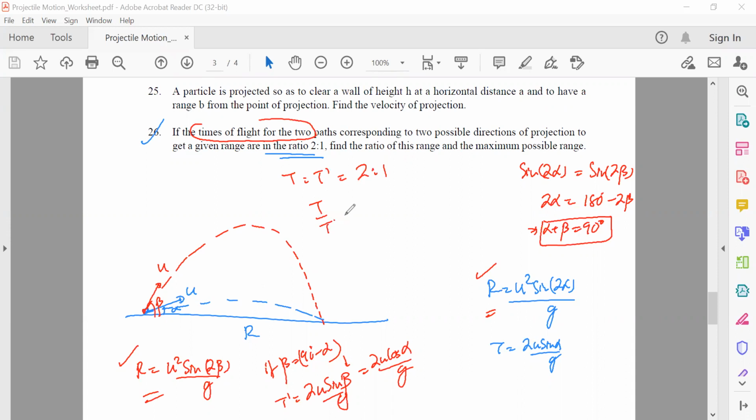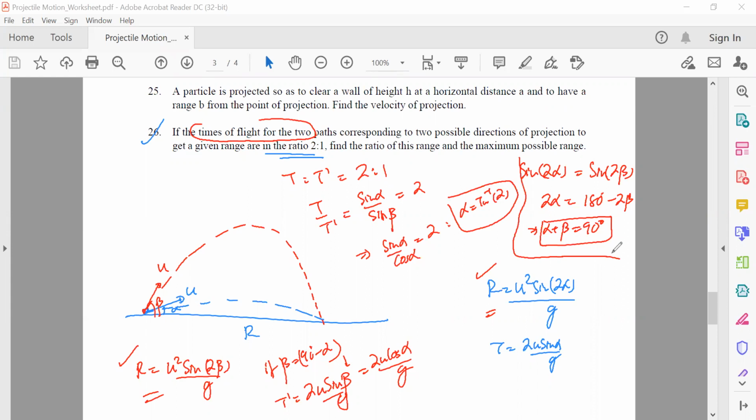So t by t prime from this you can see is basically sine alpha by sine beta is equal to 2. So here it will become sine alpha by cos alpha is equal to 2. Okay. So alpha is tan inverse 2 in this case. Okay.